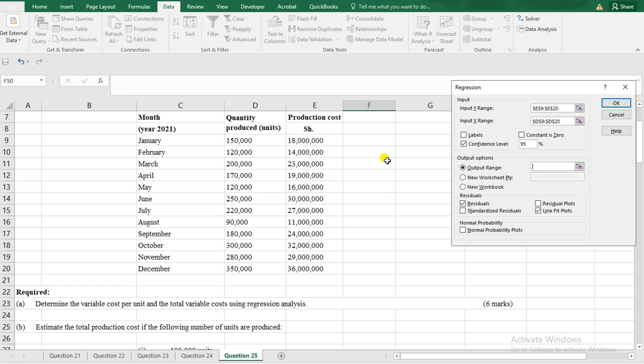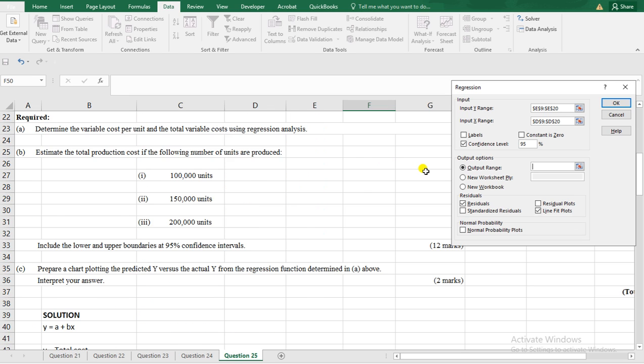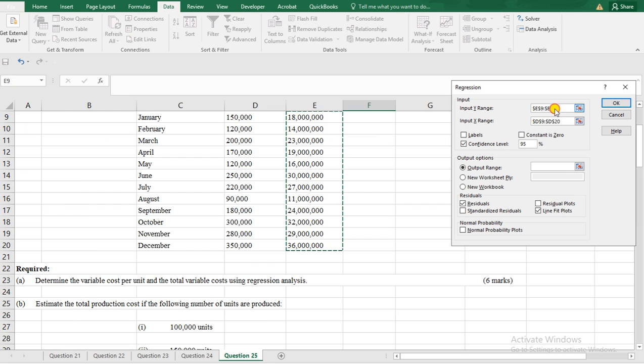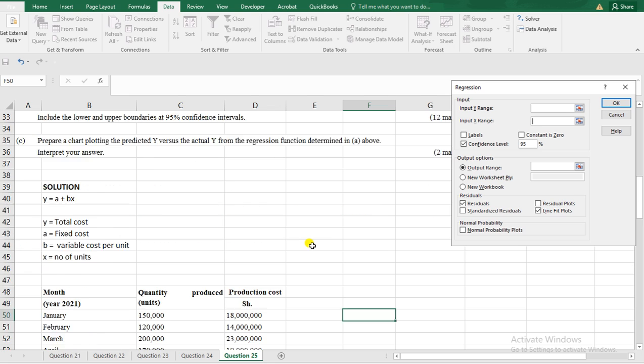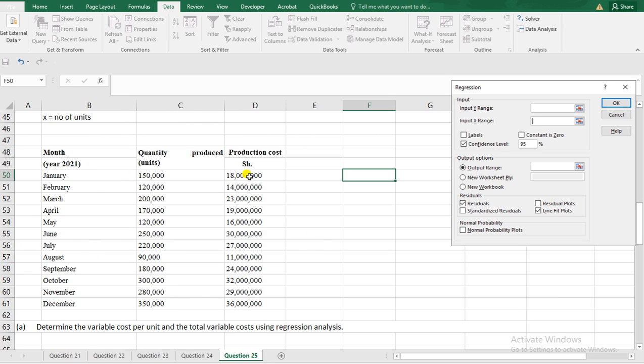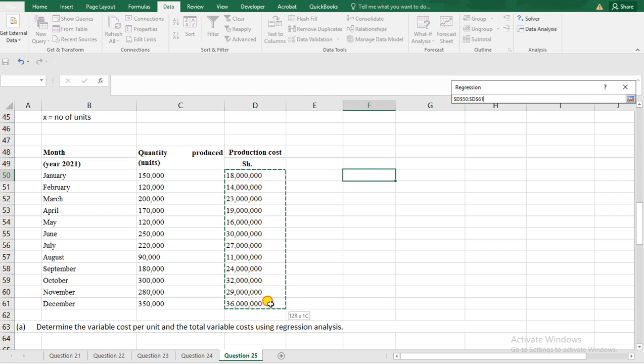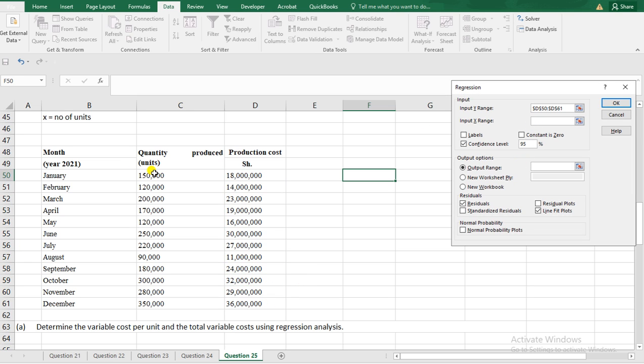In my case, I wish to have it in the same workbook, because it's where we are doing our computation. I'm having Y here and of course X here, so I want it on the same page, and I'm going to select that sheet for my results to appear.